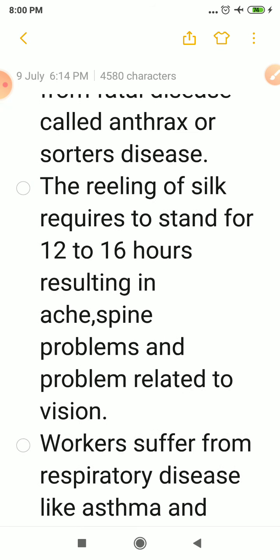The reeling of silk requires standing for 12 to 16 hours, because removing that fine filament or fiber from the cocoon takes a very long time.